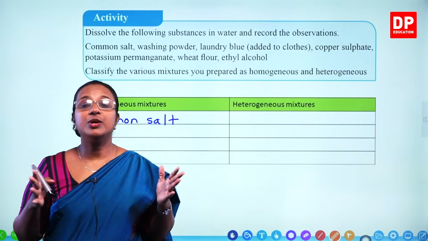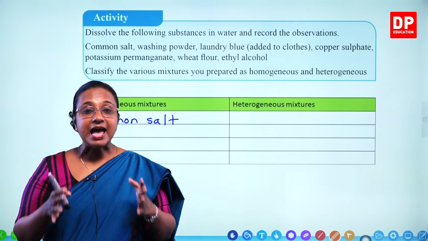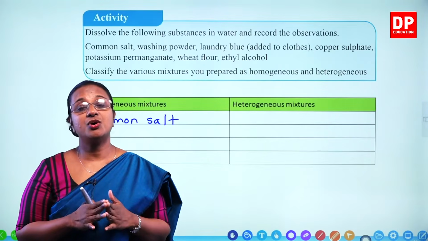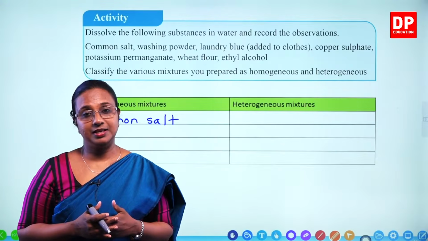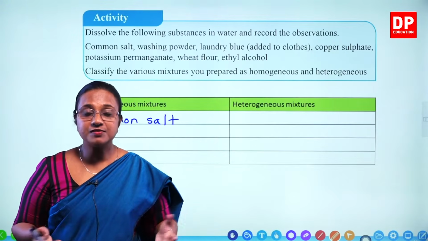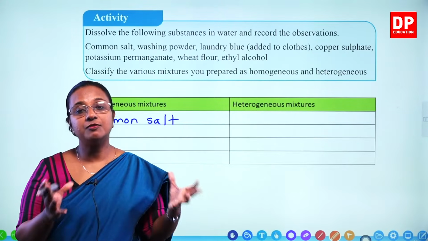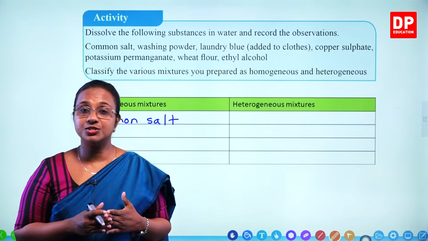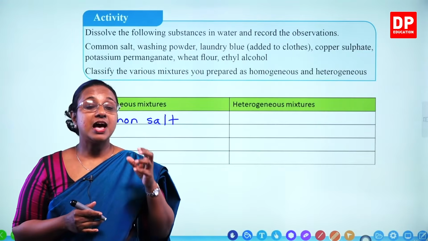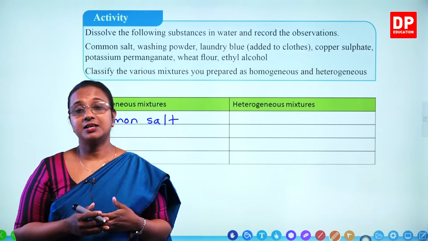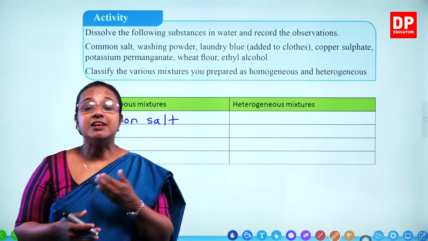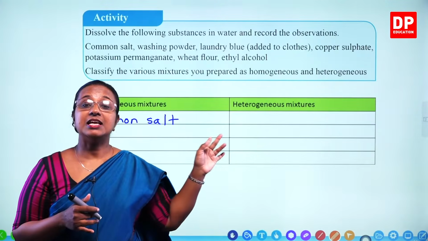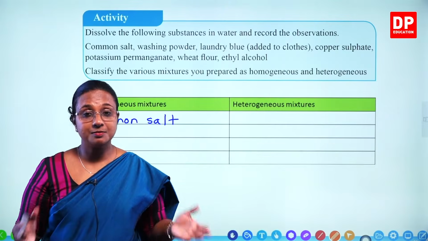Either way, you would have observed that all the washing powder does not dissolve in water completely. Most of it dissolves and forms the mixture, which is very useful for washing the clothes. But still, there are some solid particles or residue that remains in the mixture. So that means it's a heterogeneous mixture.